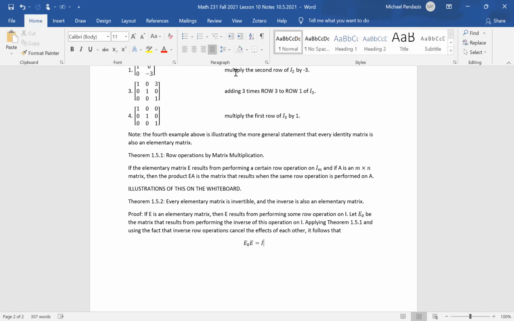If you had a matrix A and you multiplied it on the left by E, that would be like performing an elementary row operation on A. But then multiplying on the left by E naught would be performing the inverse of that operation on EA, which would cancel the effect E had on it, and you get back A.